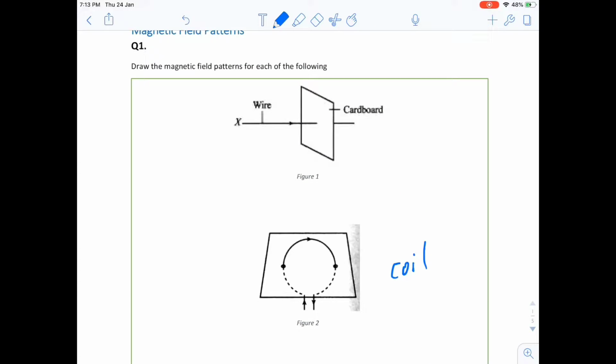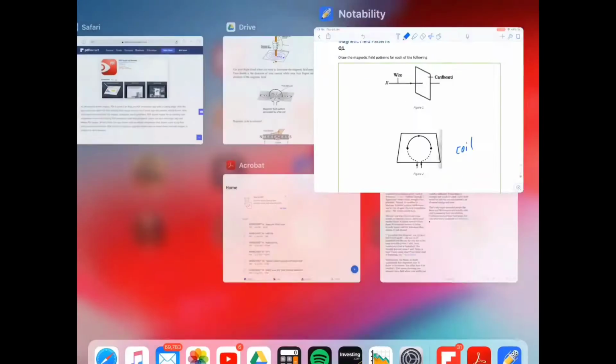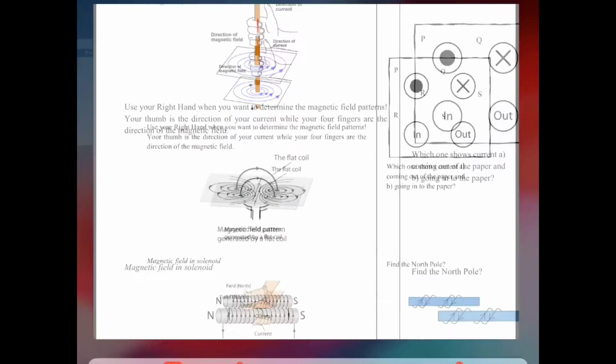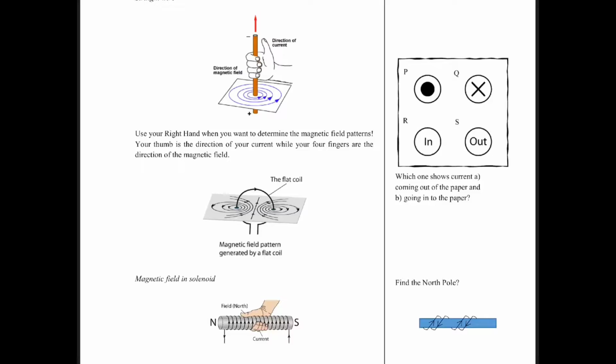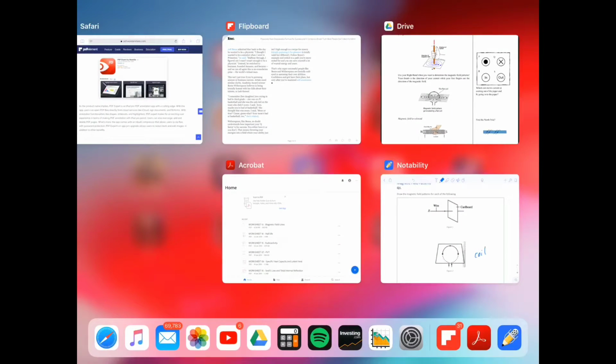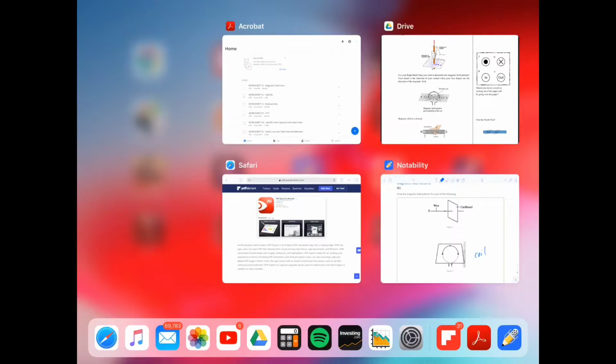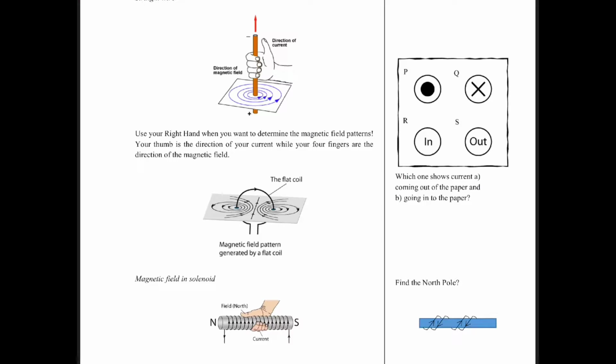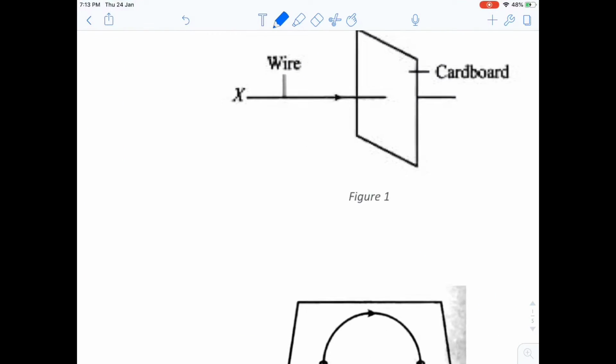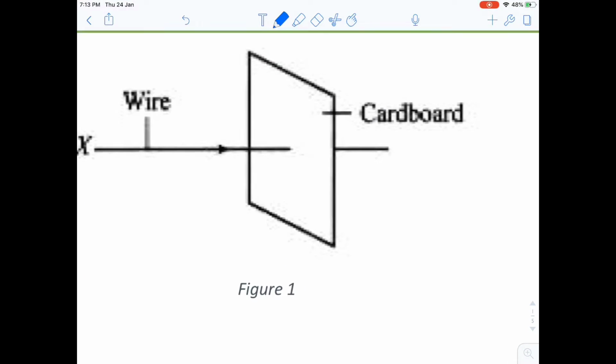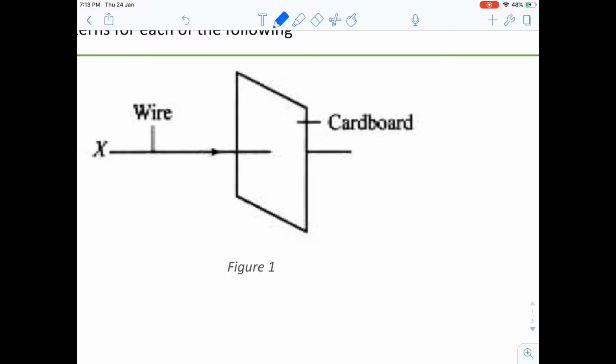So let's try using our right hand rule. Right hand rule is this one here. Your thumb represents the direction of the current, and the four fingers represent the direction of the magnetic field that you want to draw. So in this case, let me zoom in. Your cardboard, the arrow represents the direction of the current.